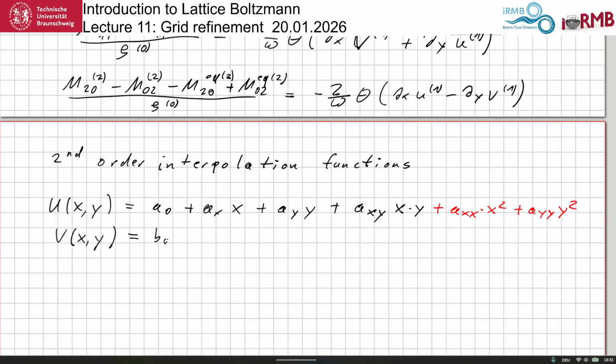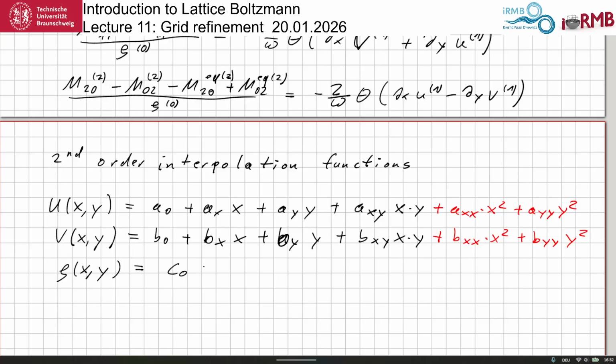So similar for v, I'll just call this thing b: b0 plus bx times x plus by times y plus bxy times x times y, and here's the same thing, we get plus bxx times x squared plus byy times y squared. And now for rho, I said rho we only need linear interpolation, so I'll just keep it at that.